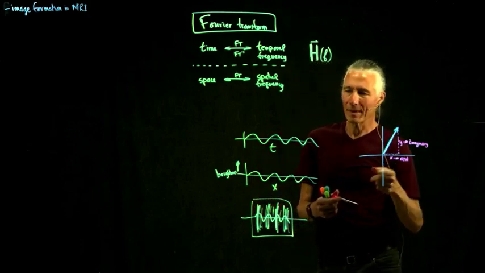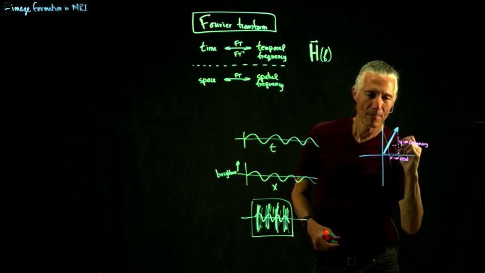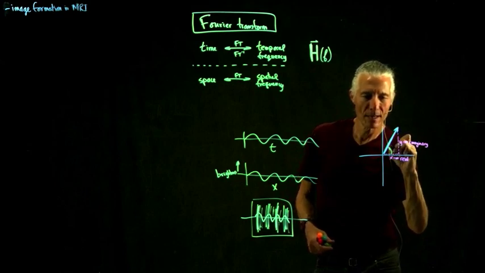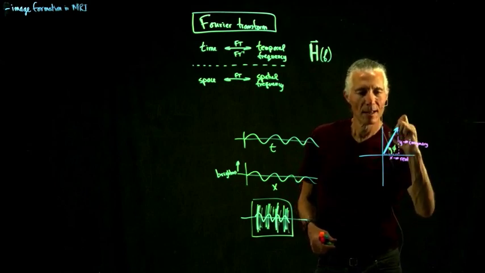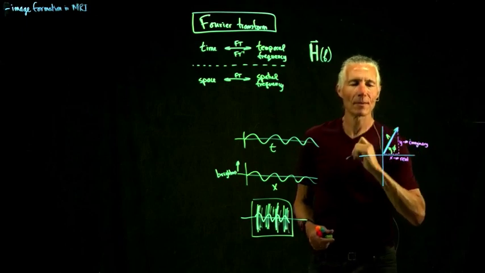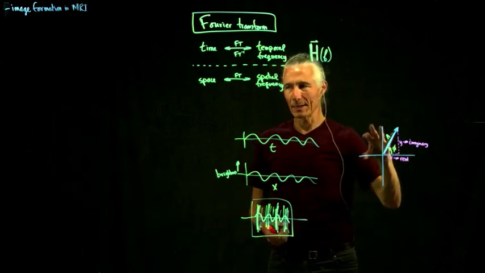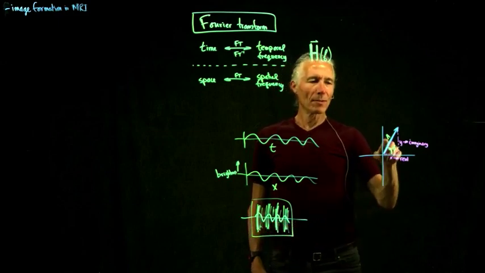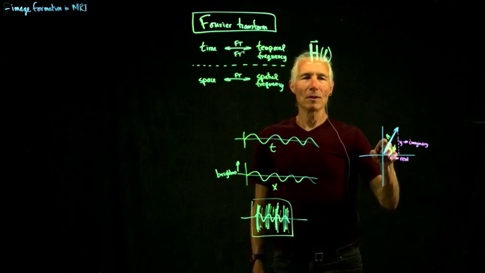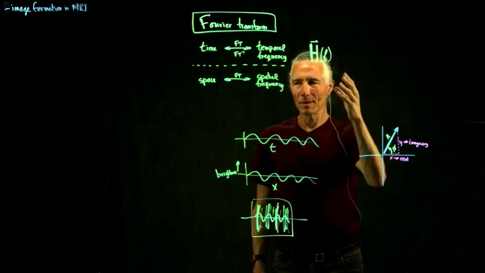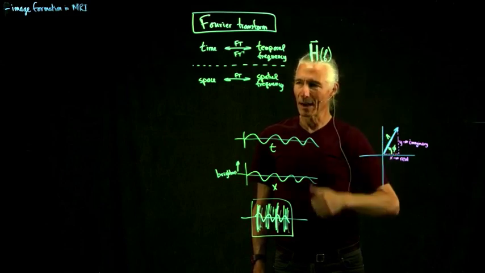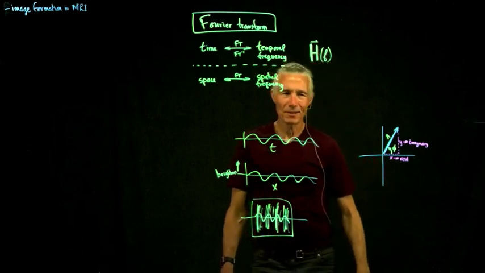Now you could describe it that way, or you could describe it more conveniently as an angle and an amplitude. So you could do it either in Cartesian coordinates or polar coordinates. Most of the time we talk about it in polar coordinates. But the Fourier transform, we're writing it out in Cartesian coordinates.